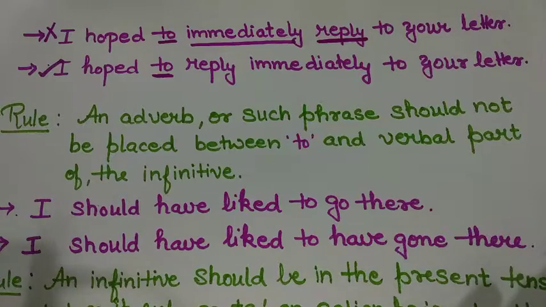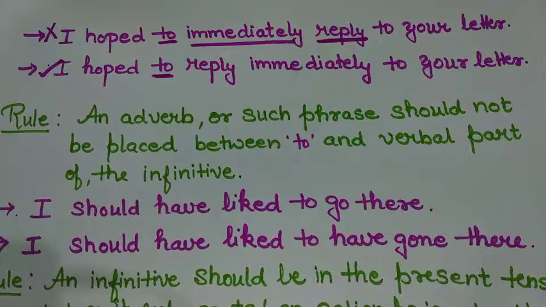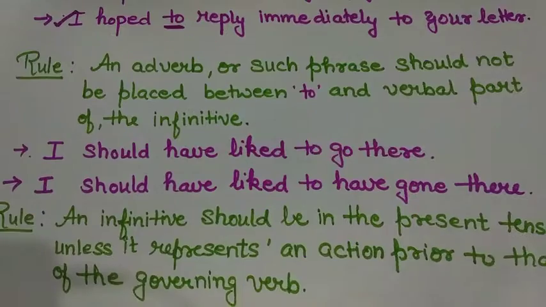Basically, in the first sentence I have placed an adverb between the word to and the verbal part of the infinitive. So this becomes wrong, because adverbs or adverbial phrases should not be placed between to and the verbal part of the infinitive. So the second sentence is the correct sentence.